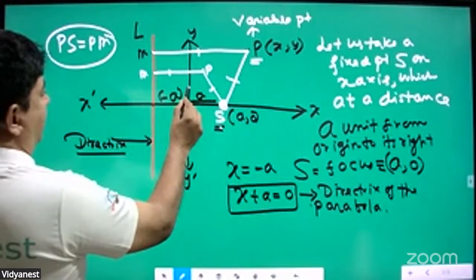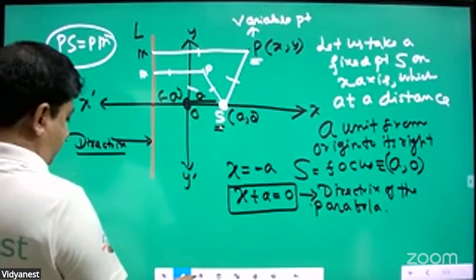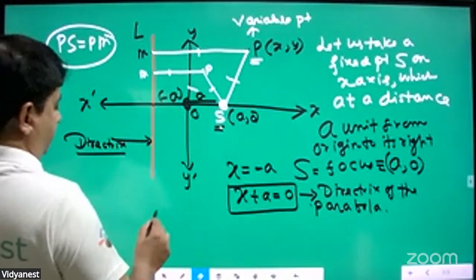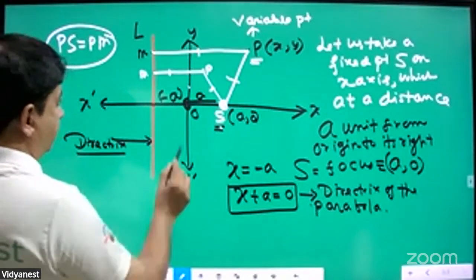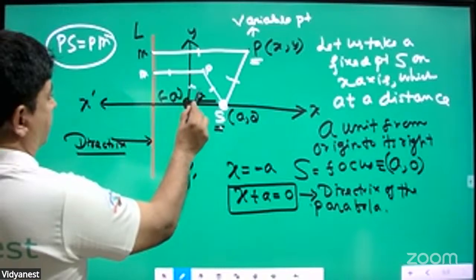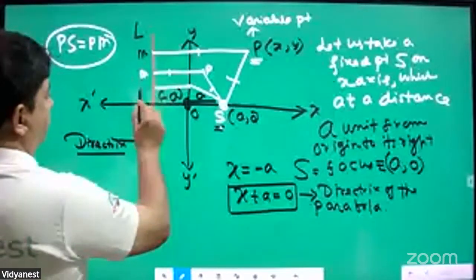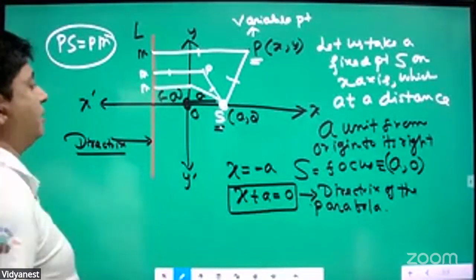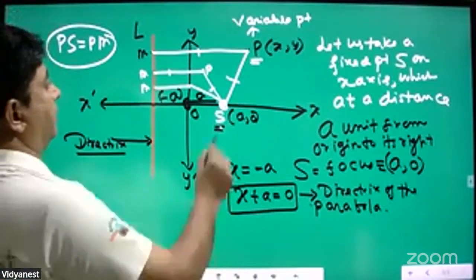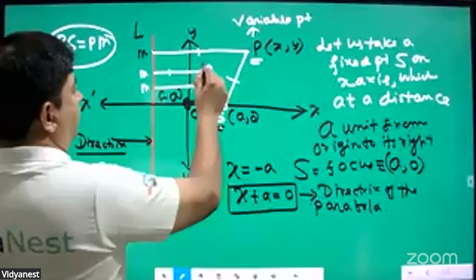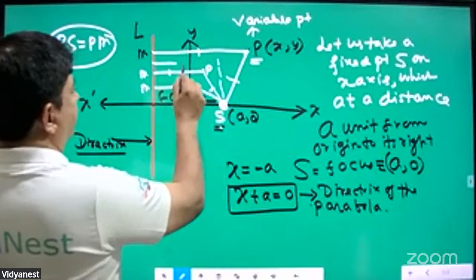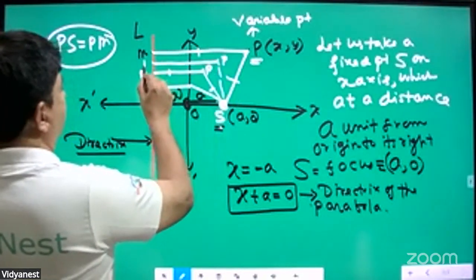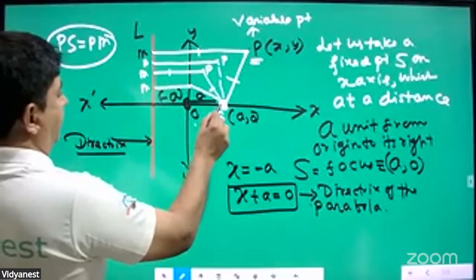The point P reaches here, then also this relation will hold.